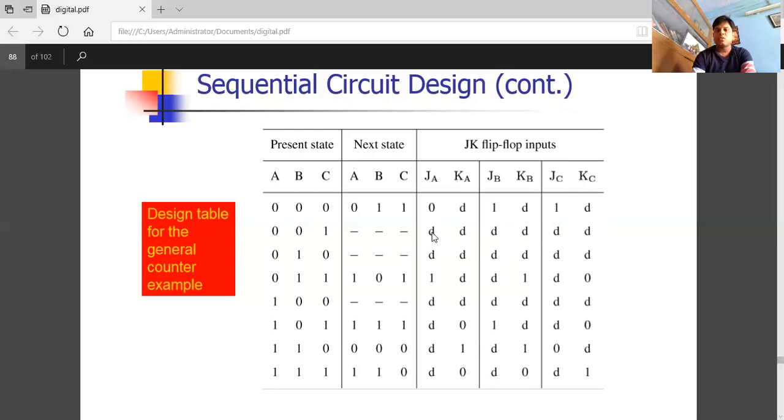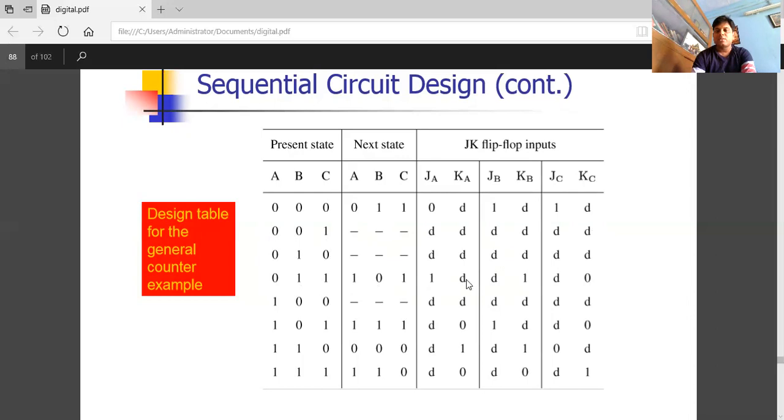Next, 2 is also not counted, so the next state is dashes and all the flip-flops are don't care. Again 3 goes to 5, so A goes 0 to 1.